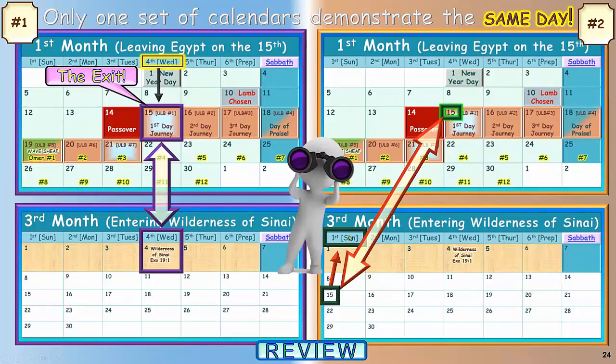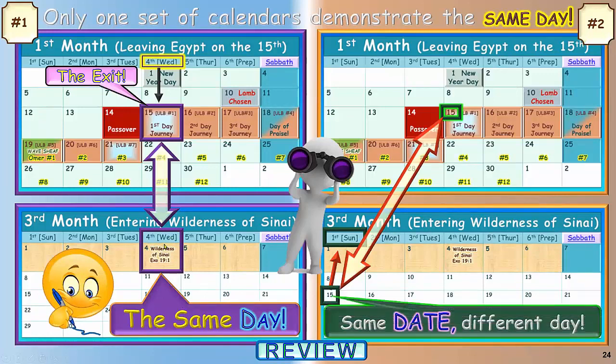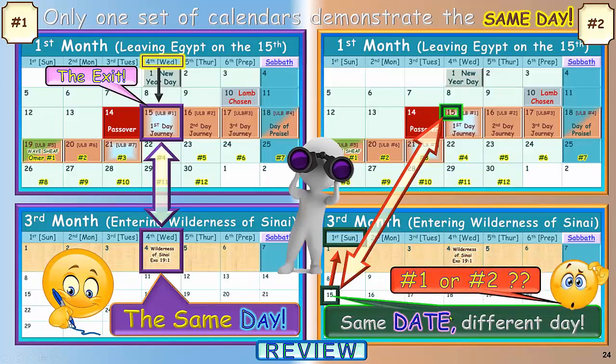Where is this? It's on a first cycle. Very, very different from the day of the week. Very, very different. Over here is the same day of the week that they entered the wilderness of Sinai. Over here is the same date, but a different day. And it puts it a week later.